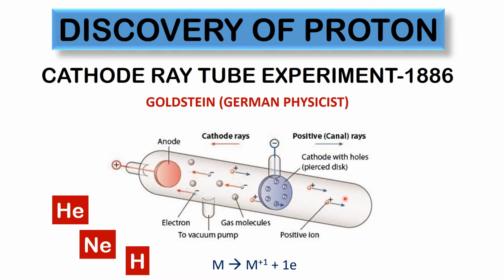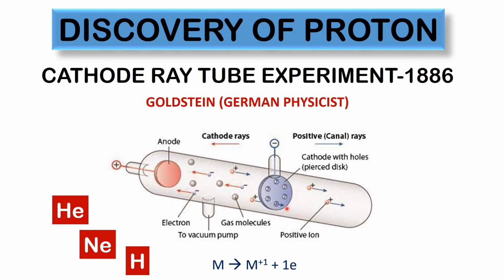This wall is plated with a fluorescent material, that is zinc sulfide, and so when these positive ions strike the zinc sulfide coated wall, it glows or fluorescence is observed as a result, which again shows that the particles that are striking the zinc sulfide coated wall are actually charged particles. So they travel away from the anode towards the cathode with a particular velocity, and they are penetrating this cathode because the cathode itself is perforated.